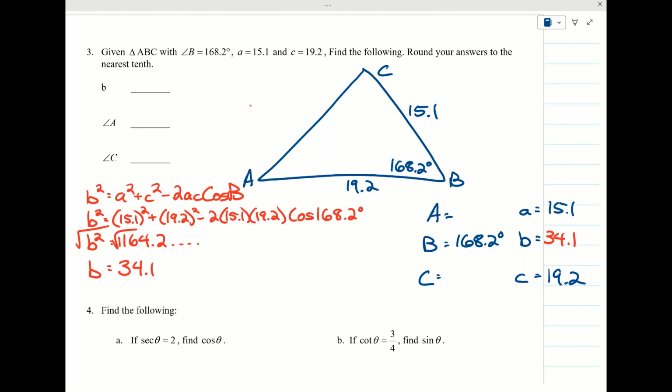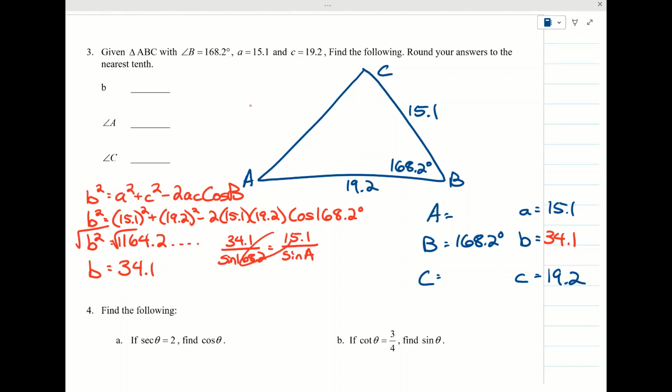And now at this point, we have a full fraction, a fraction made out of b's. So we have 34.1 over the sine of 168.2 is equal to 15.1 over the sine of a.